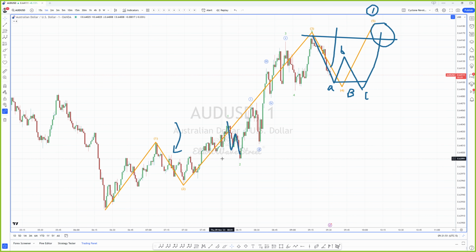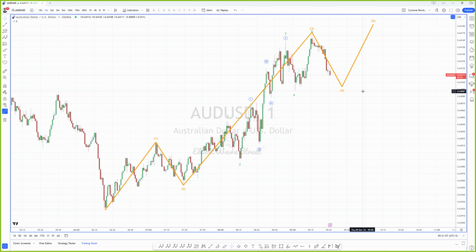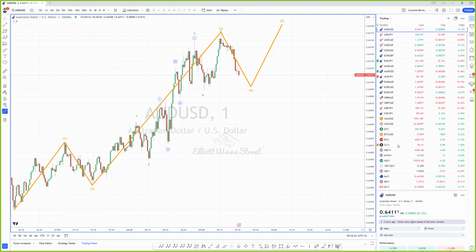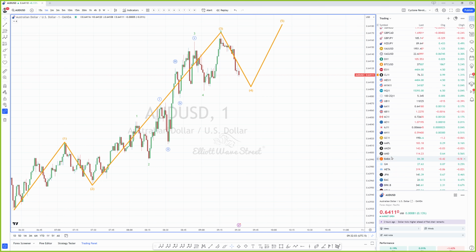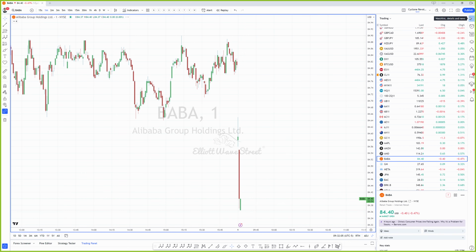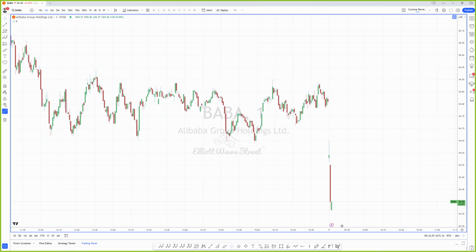Okay, probably Alibaba, BABA. It's in a corrective wave, so let's see if we can find a trade here on these lower time frames, because it's in the corrective mode.